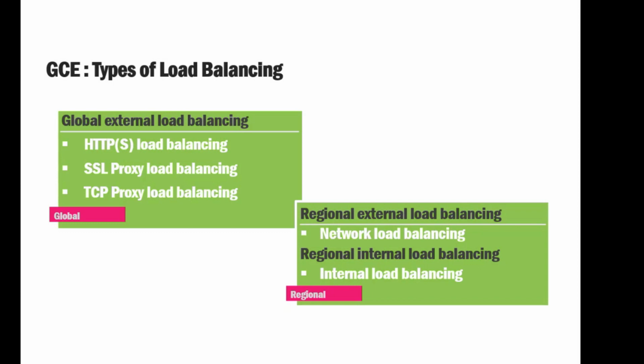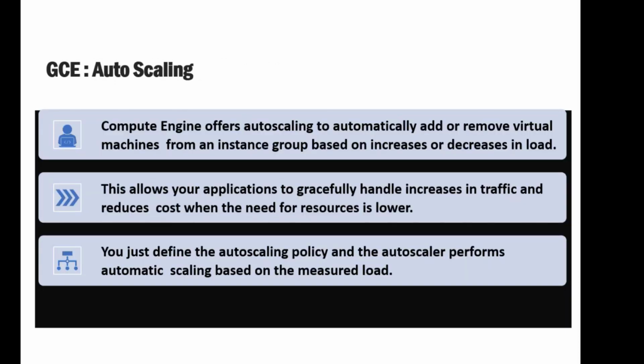For global load balancers, we have the HTTPS load balancer, SSL proxy load balancer, and TCP proxy load balancer. Whereas in the regional external load balancer, we have the network load balancer and internal load balancing. So they have divided the load balancer into multiple categories, and each load balancer has its own characteristics.